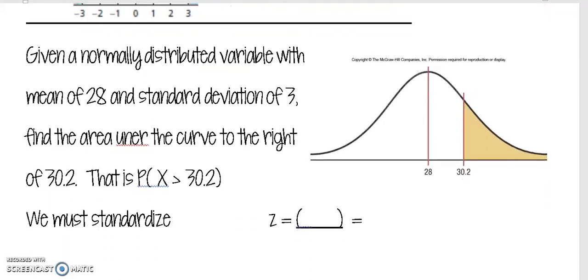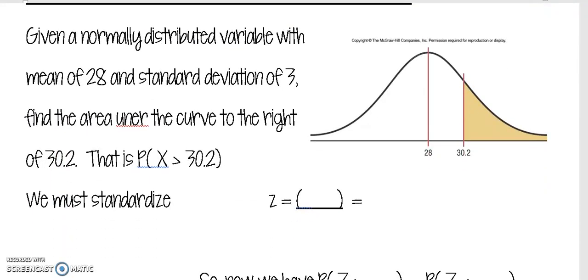So in our first example, I have a normally distributed variable with a mean of 28 and a standard deviation of 3. I would like you to find the area under the curve to the right of 30.2. Or rephrasing, that's asking what is the probability that x is greater than 30.2. So we need to standardize this distribution with our z formula to turn it into a standard normal distribution.